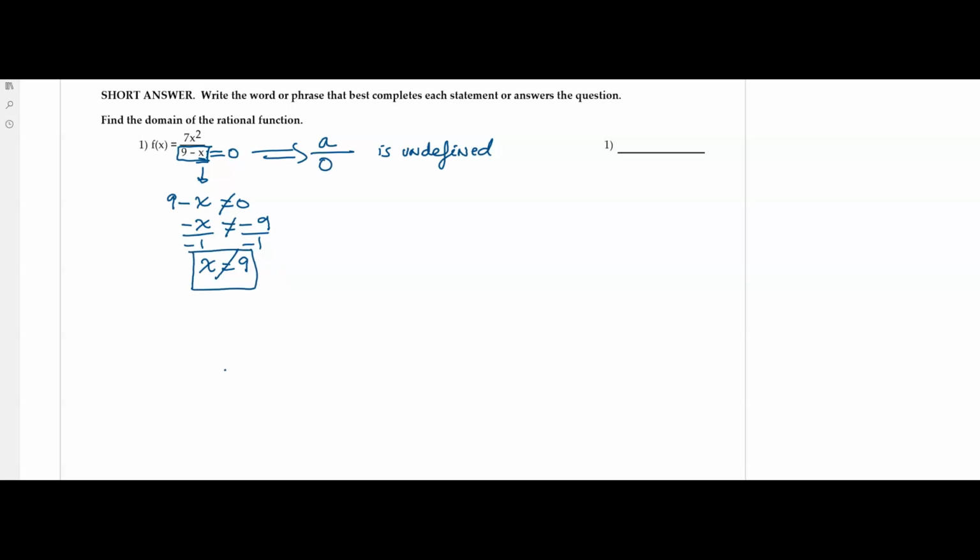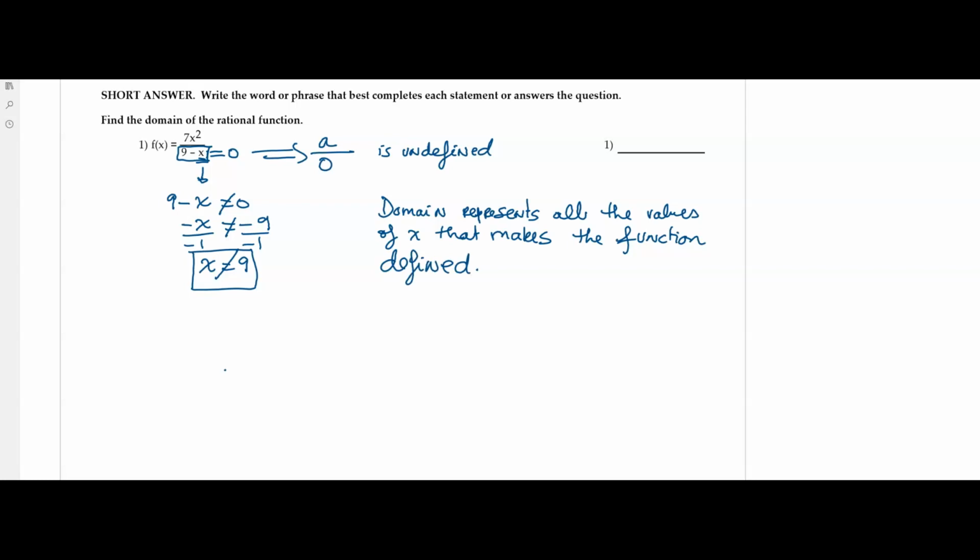All right, so now, what is the domain? Well, the domain represents all the values, right? So the domain represents all the values of x that make the function, in this case, rational function, defined.